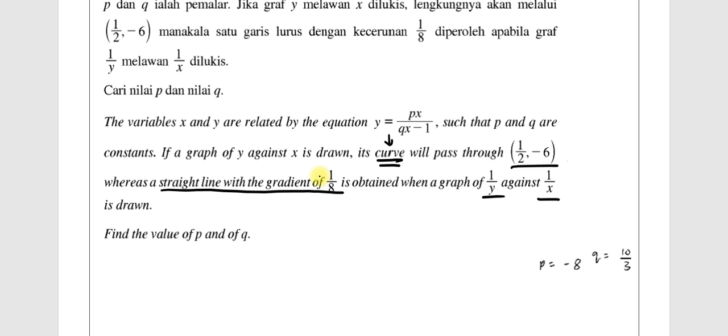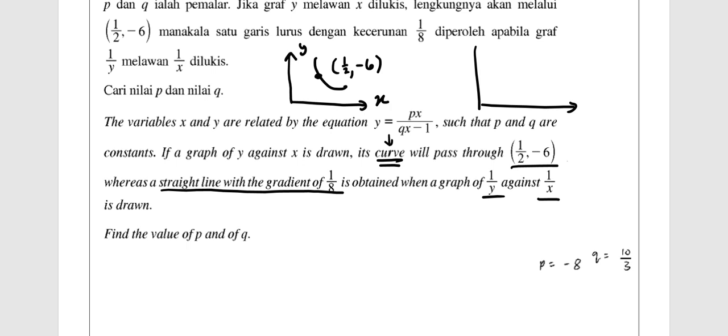Okay, right. So let's illustrate what they tell us now. If I draw y against x, you will get a curve, and this curve passes through the point half and -6. If I draw 1 over y versus 1 over x, I get a straight line with gradient 1 over 8. That's the only information they gave us.